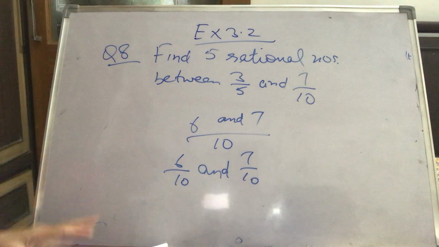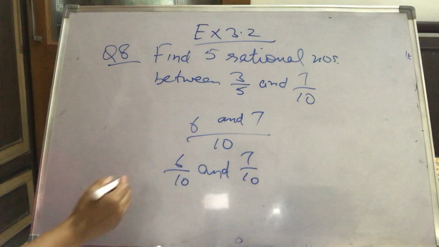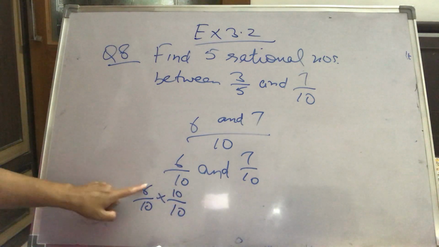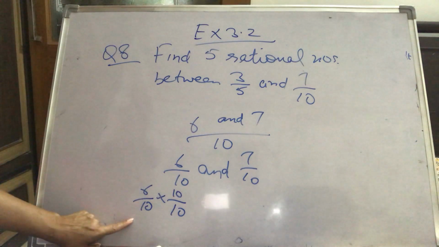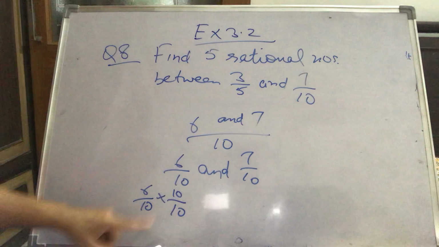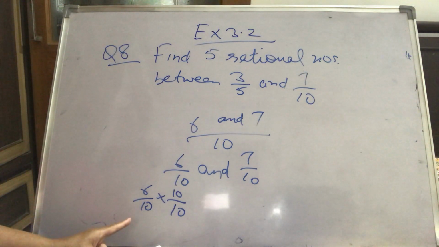See how? These two rational numbers can be multiplied by 10 upon 10. If I multiply this rational number by 10 upon 10, it will not make any difference to these rational numbers because we have done it same in the equivalent rational number.